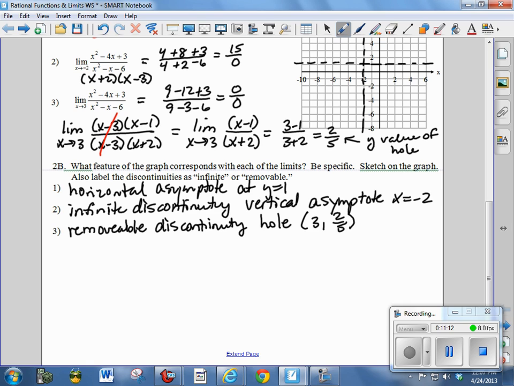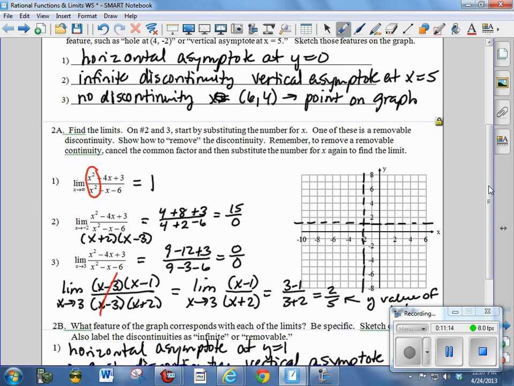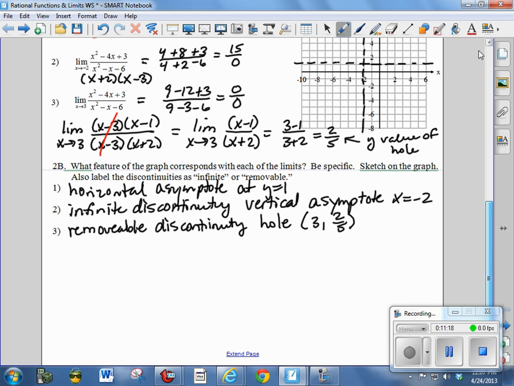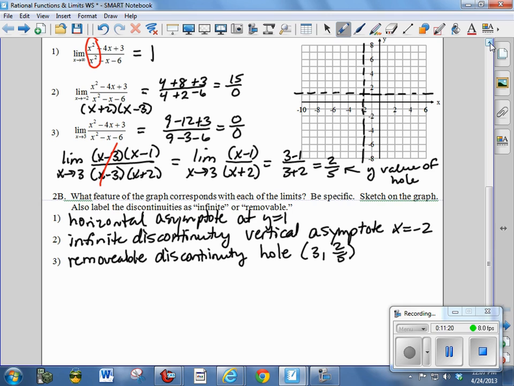Let me see if I can get this to scroll down again without scrolling up too much. Okay, 3, 2/5. 1, 2, 3. So that's about right here. There's my hole. If I look back at my function, I have an x-intercept at 1, because the canceled factor is not an x-intercept, nor is it a vertical asymptote.